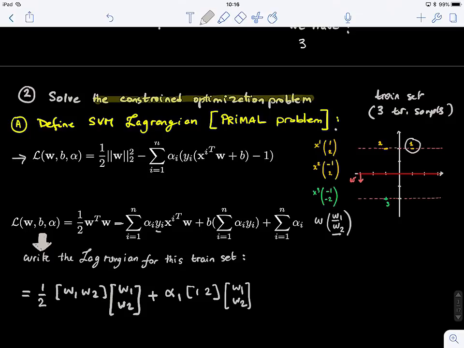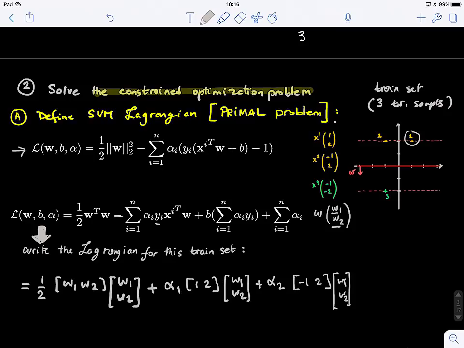Then we have minus alpha 2, and y2 is negative, so plus alpha 2, then x2 transpose, so that would be this vector, then w1, w2, right? And then we have alpha 3, and y3 is actually positive, so that's minus alpha 3, then x3 transpose, negative 1, negative 2, right? w1, w2, right? So that is this term.